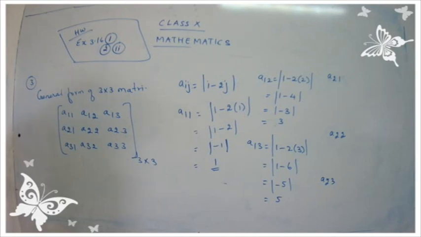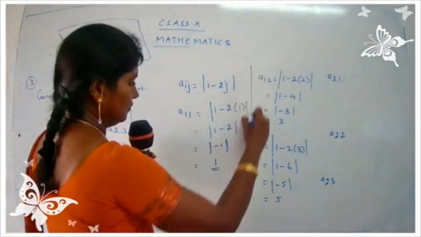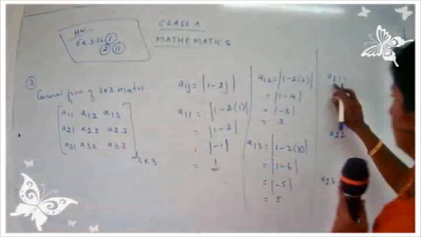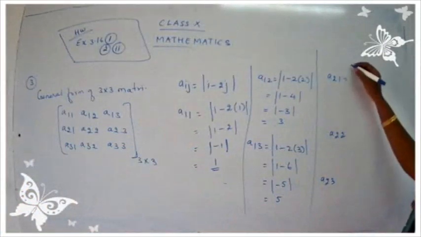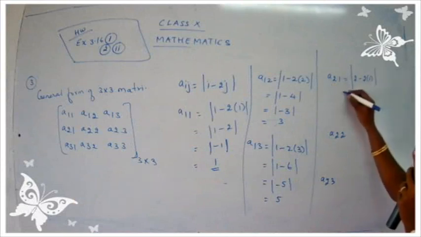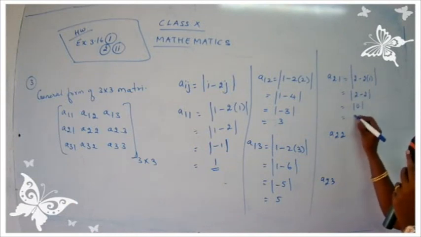I hope you are trying out the values, children. 2, 1 means i is 2, j is 1. So 2 minus 2 into 1, 2 minus 2, 0.